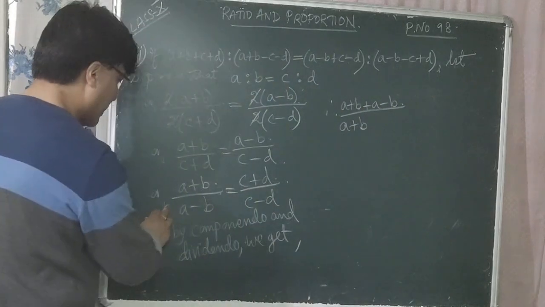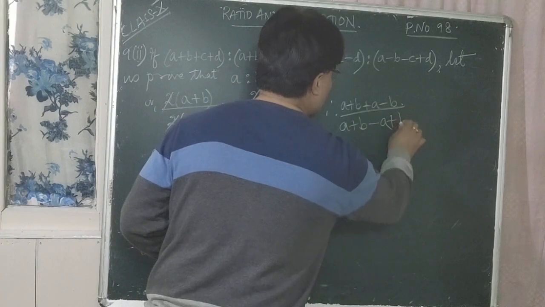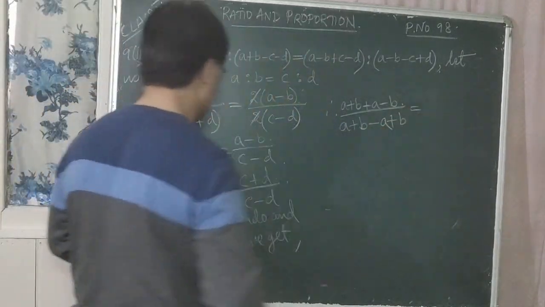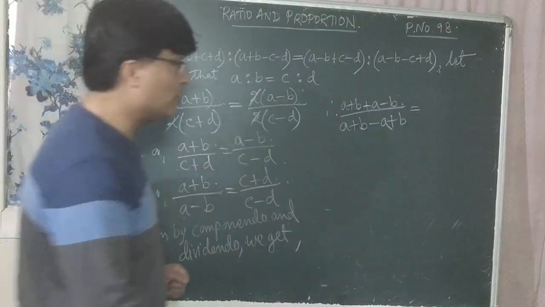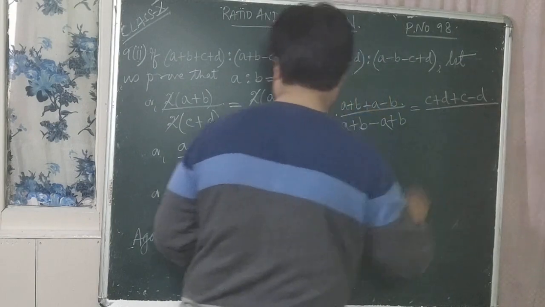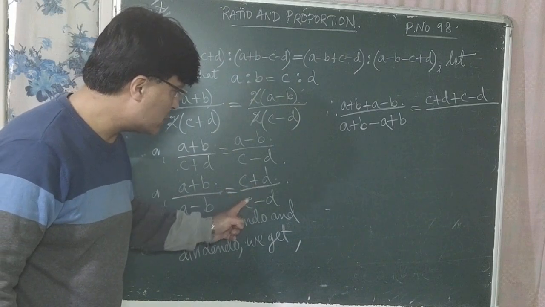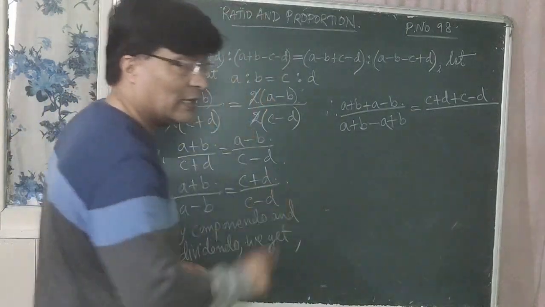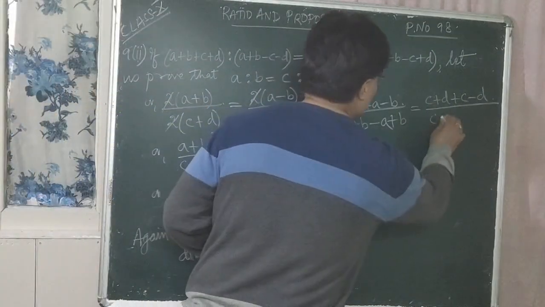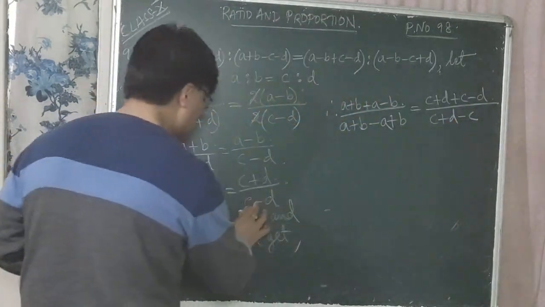A plus B, then minus A plus B, the sign will be changed because of this minus sign. Is equal to, similarly on the right hand side, numerator plus denominator, that is C plus D plus C minus D, whole divided by numerator minus denominator, that is C plus D, then minus C plus D.